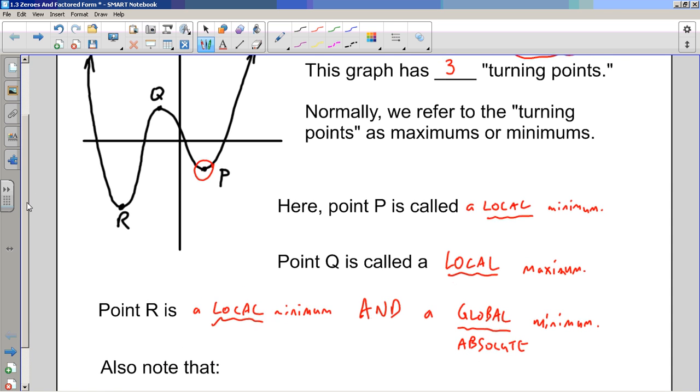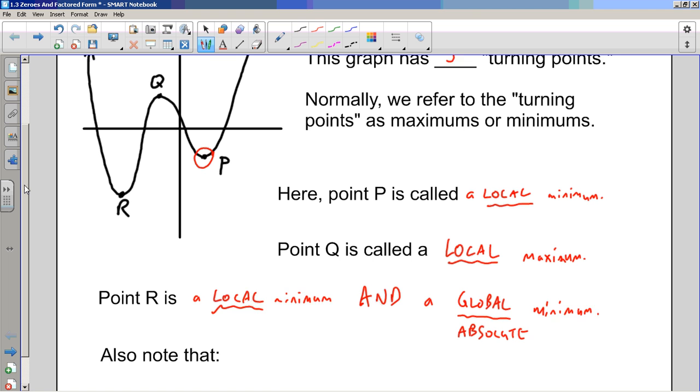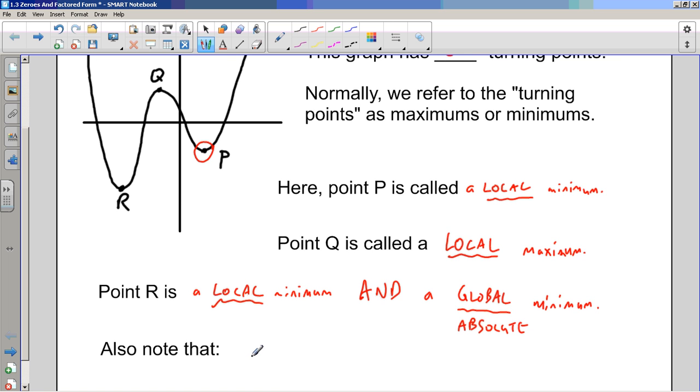No, just kidding. Okay, so if it's the lowest point that the graph goes, what would then be the absolute maximum? Q? No, because we see all these points over here are higher than Q. So what's the absolute maximum? Well, there isn't one.